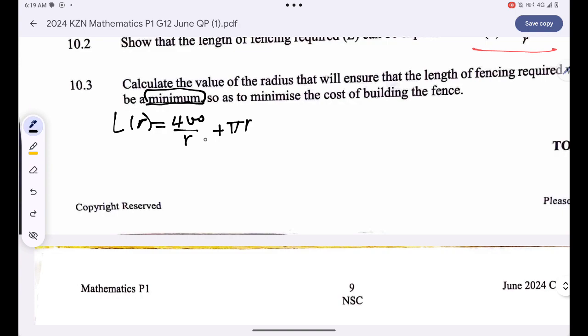But before I find my derivative, I must make sure that this thing is removed from the denominator. So L of r is just equal to 400 multiplied by r to the power negative 1 plus pi r. So the derivative will simply be negative 400 r to the power negative 2 plus pi. Are we together?